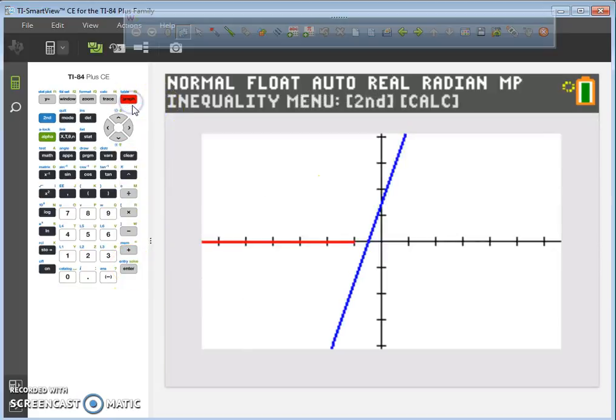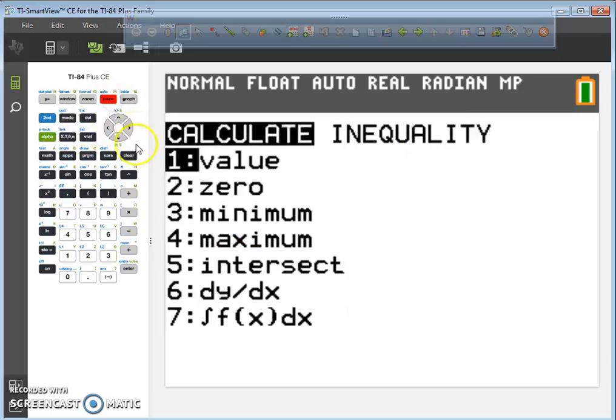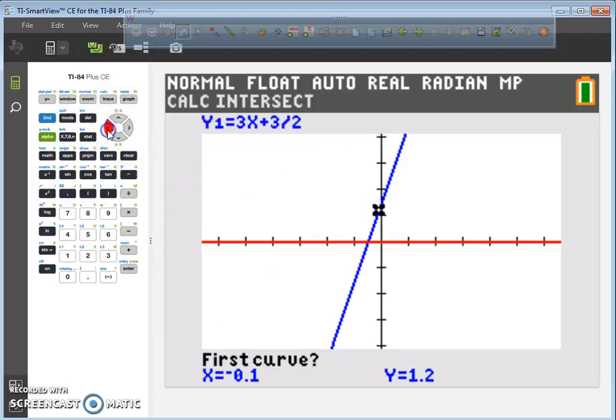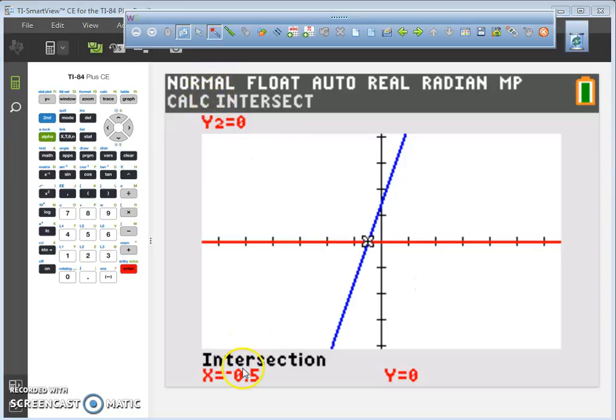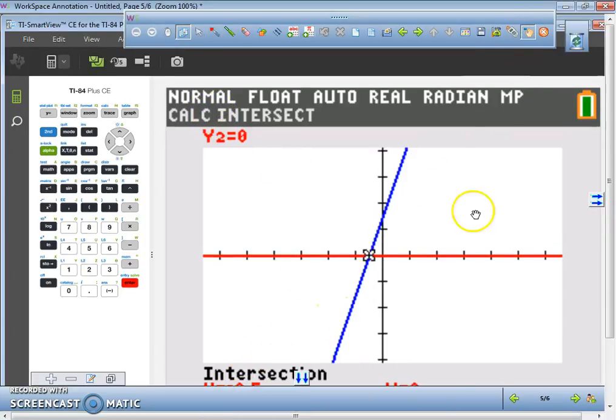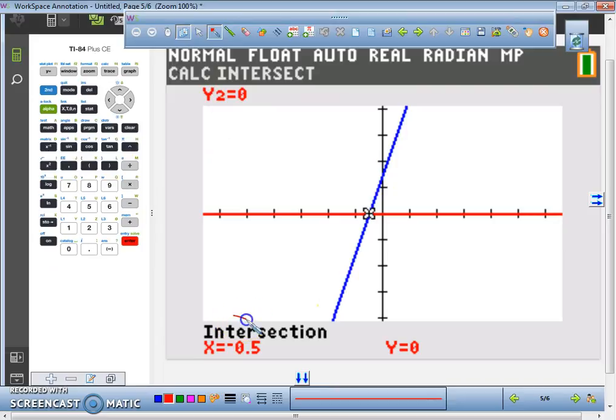So graph. Now do you see 2 lines? Okay, so now I got a second, intersect, and now I can calculate number 5. And so what I'm going to do is I'm going to press enter, and look where your x-axis is located. Or sorry, your x-intercept. What does it say the point is?